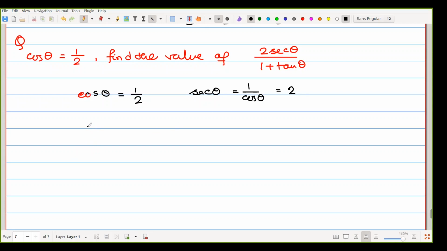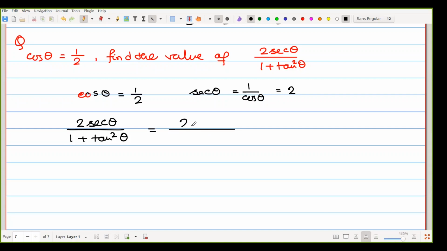So from sec theta, we can also find out the value of tan theta. Okay, the question is given that is 1 plus tan square theta. So we don't need to find out the other one. Okay, so 2 sec theta divided by 1 plus tan square theta.